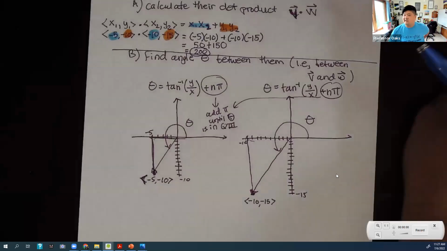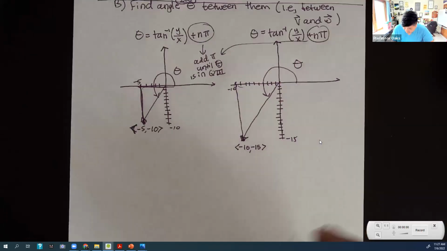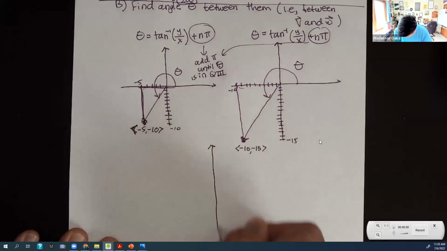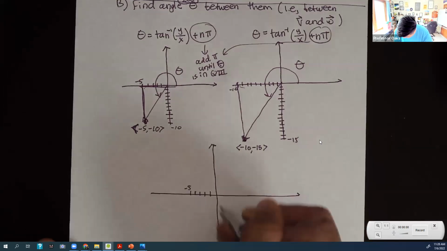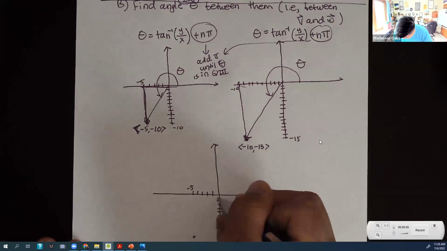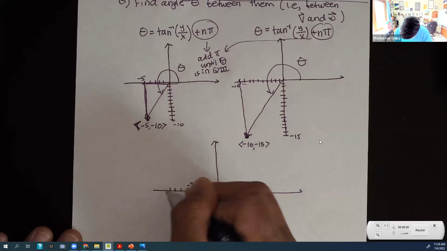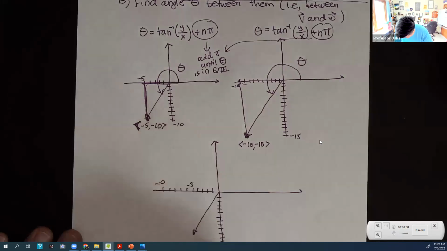But if you want the angle between these, meaning that you have them together, then if you have 1, 2, 3, 4, 5 and 1 through 10, that one is right here. And if you have -10 and -15, counting 1 through 5 and so on, that one is right here.